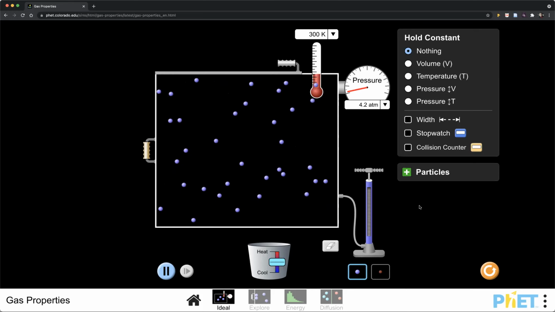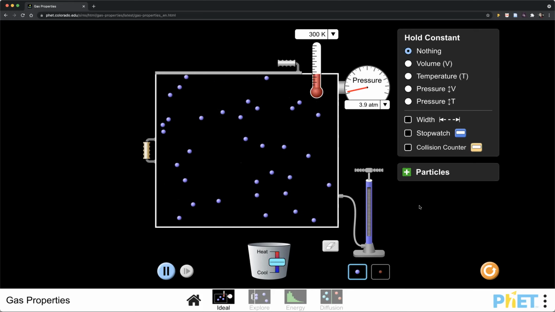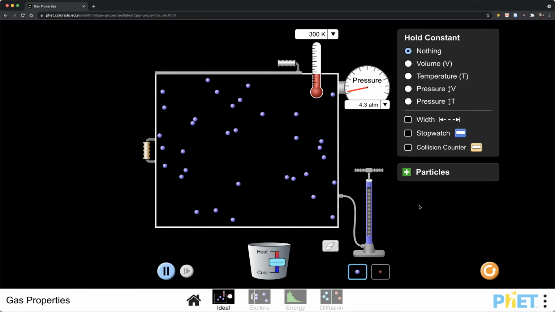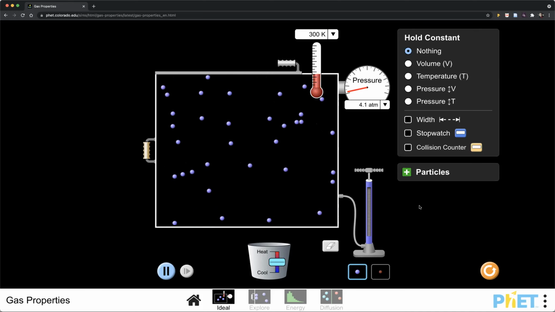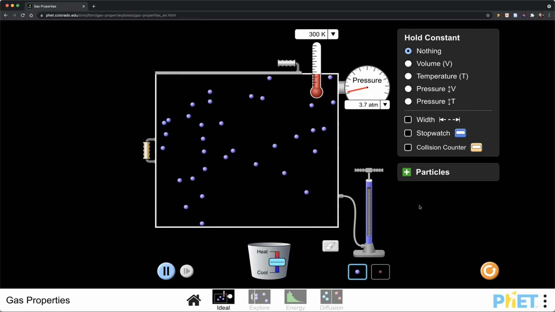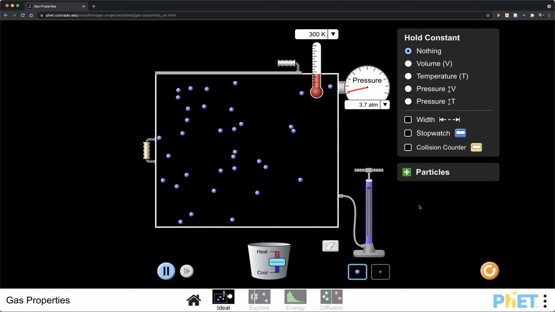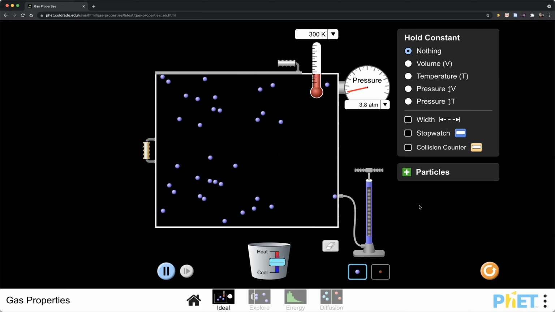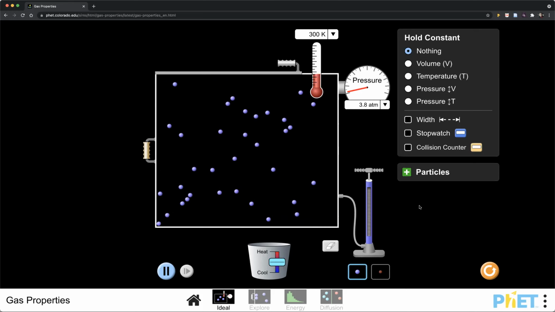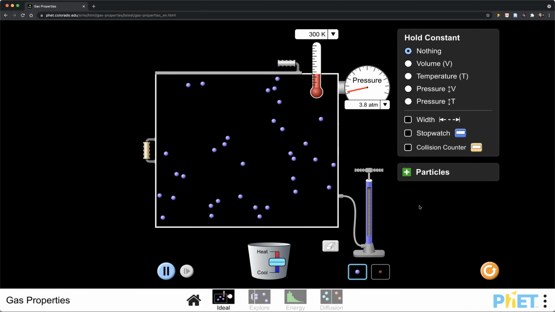Now, one of the other things, let's see, trying to look at what you gave me. Okay, so a comment was made that the gases are bouncing around.